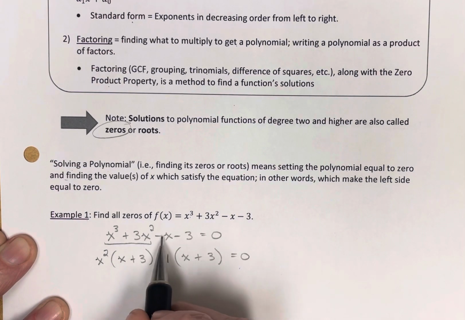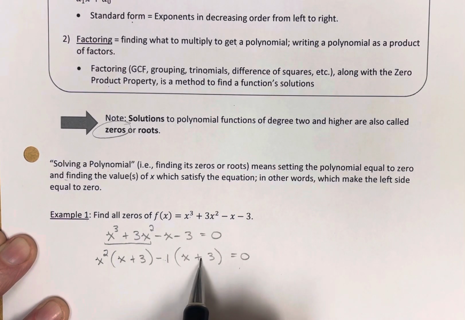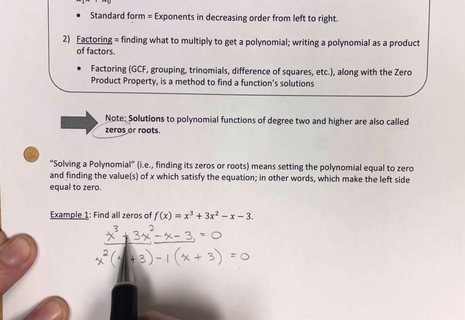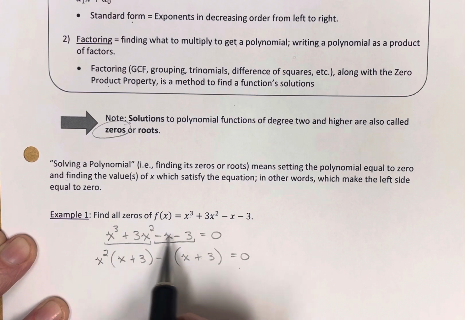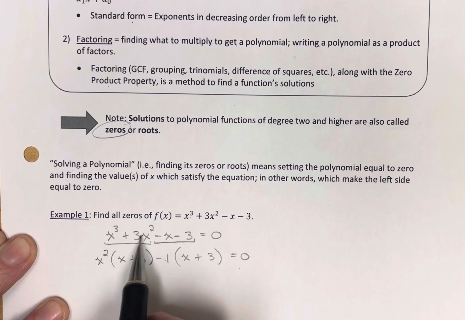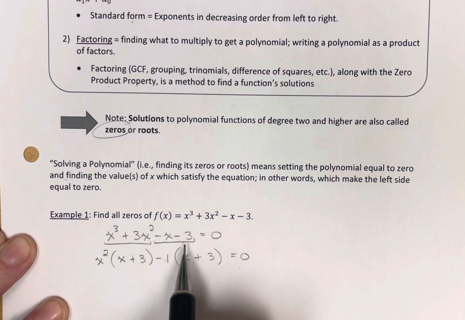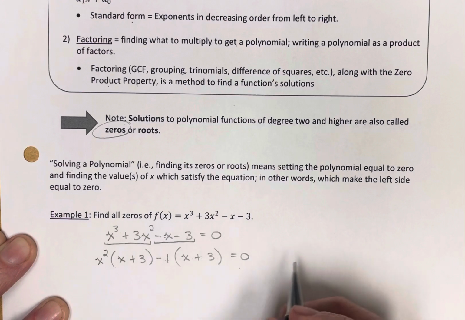Negative 1 times x is negative x. Negative 1 times positive 3 is negative 3. I took an x squared out of these two, and I'm left with an x plus 3. I took a negative 1 out of these two, and I'm left with an x plus 3.